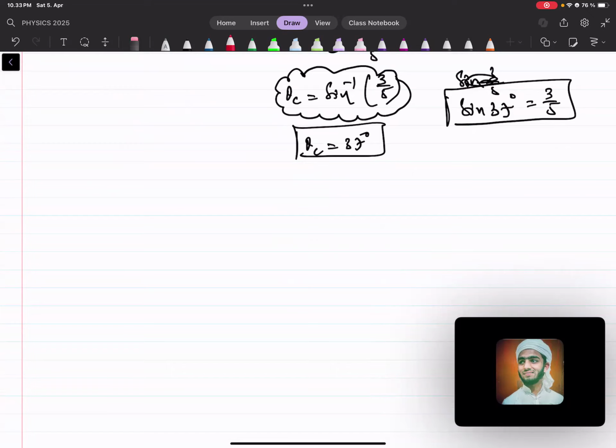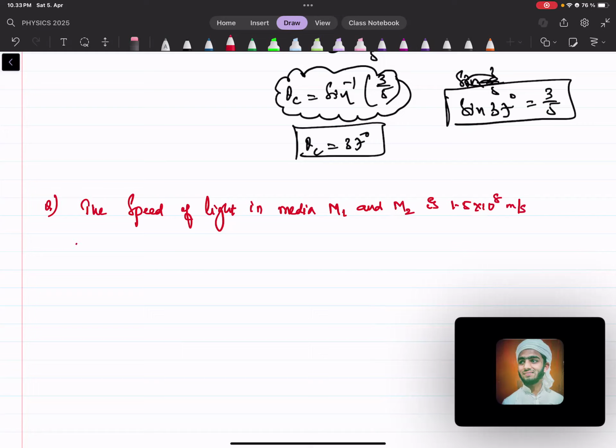See this question. Good question. Try to do it, everyone. The speed of light in media M1 and M2 is 1.5 into 10 power 8 meter per second and 2.0 into 10 to the power of 8 meter per second respectively.